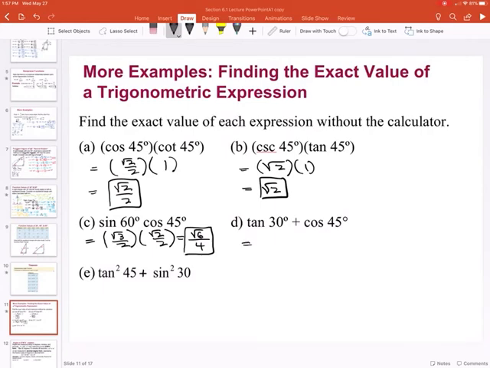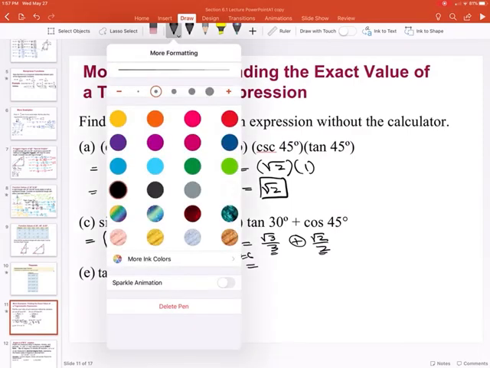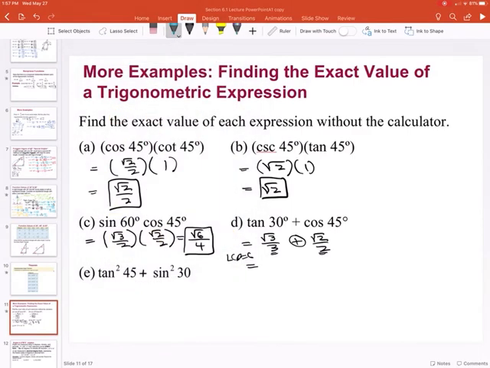Tangent of 30 degrees. Tangent of 30 degrees is square root of 3 divided by 3. Square root of 3 over 3. Plus cosine of 45, which is square root of 2 over 2. Now on this, we can't add until we have a common denominator. So our LCD, our least common denominator, is 6. So let's go ahead and rewrite both of these with a common denominator.